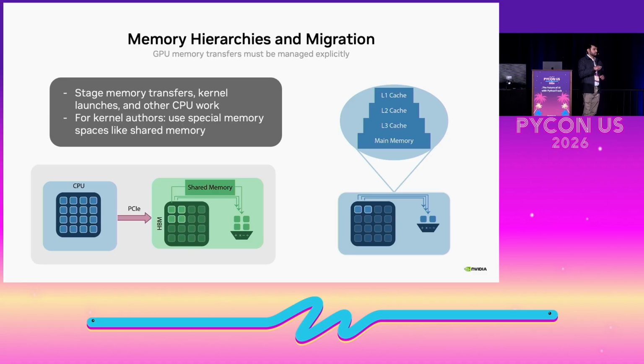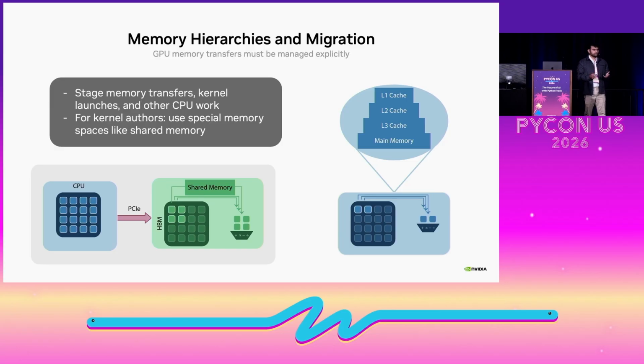If you need to be transferring memory from the CPU to the GPU, and you need to be doing compute on the CPU, and you need to be doing compute on the GPU, you need to be thinking about how long each of these tasks takes so that you can schedule them appropriately. A lot of this comes in for AI when you're thinking about your data loader pipelines, for instance, right? How do you ensure that you're writing good data loader pipelines? You want to make sure that all of these different memory transfers are happening at the right times.